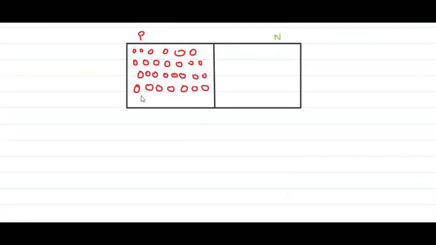Atoms of p-type semiconductor, and this is just the dopants. I'm just showing the dopants. I'm not showing the silicon atom. Now this is your N type.